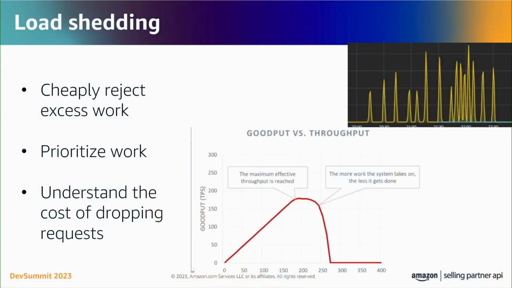As mentioned, load shedding is one of the key things that you can do to cheaply reject excess work and prioritize important work. Sending more and more load to a server isn't always the best approach. This can result in a steep decline in performance when the system is already operating at maximum capacity.